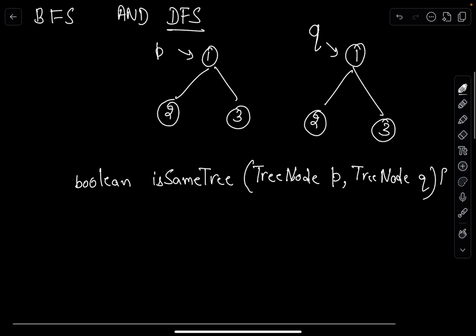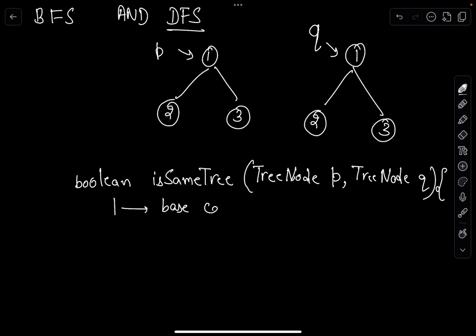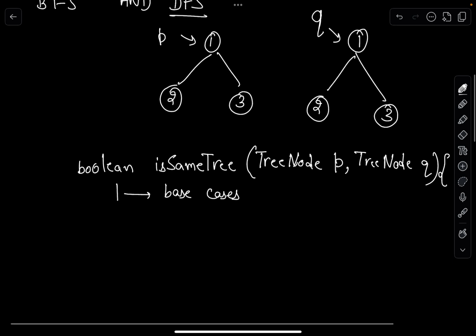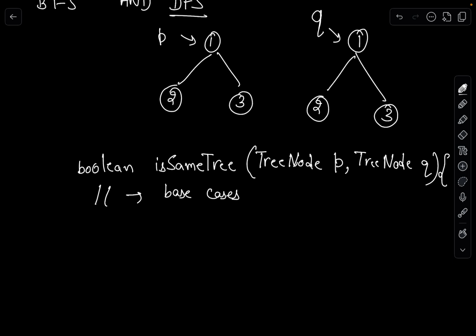So if you remember, there will be base cases here. I'll write these base cases later, but for the time being, let's assume that we have the base cases. So now let's say we are standing at this index and this index, how can I say that my tree rooted at the P node and my tree rooted at the Q node are similar?